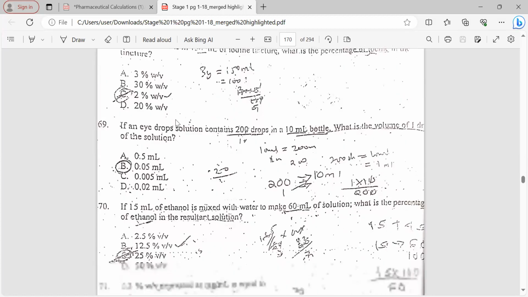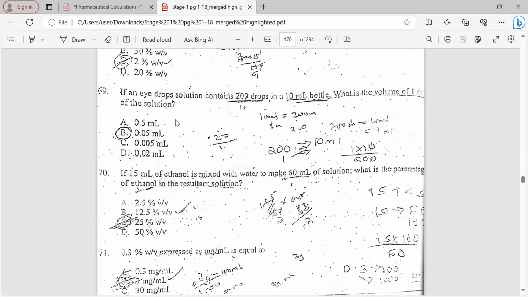So number 68 and 69, what is it called? Percentage concentration. That one was weight by volume, and this one is volume by volume. So if 15 mLs of ethanol is mixed with water to make 60 mLs of a solution, what is the percentage of ethanol in the resultant solution?